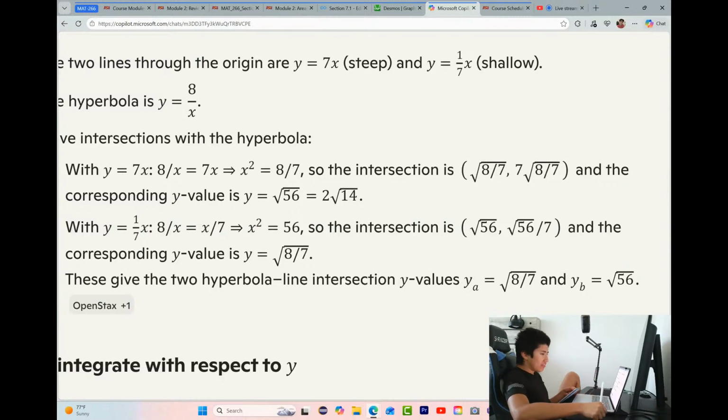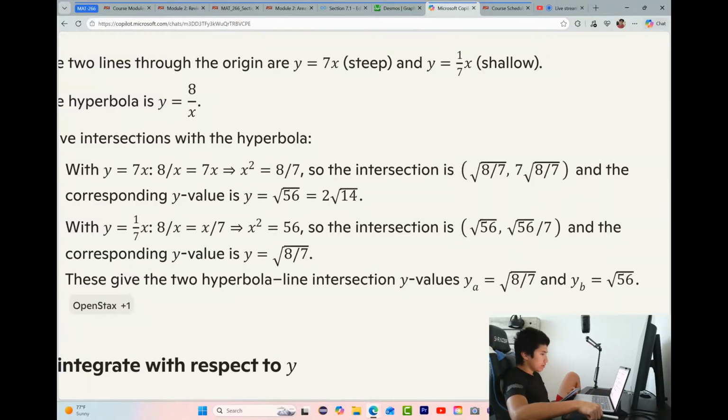Where in the world do we get that? With y equals 1 over 7x, that is the green function. We have 8 over x equals x over 7, right?